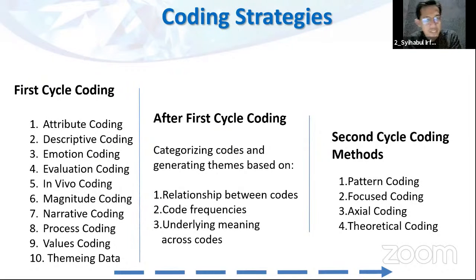Coding strategies. There are two cycles of coding strategies. First cycle coding and then second cycle coding methods. There are many strategies here. We may use attribute coding, descriptive coding, emotion coding, evaluation coding, in vivo coding, magnitude coding, narrative coding, process coding, values coding, and theming data.